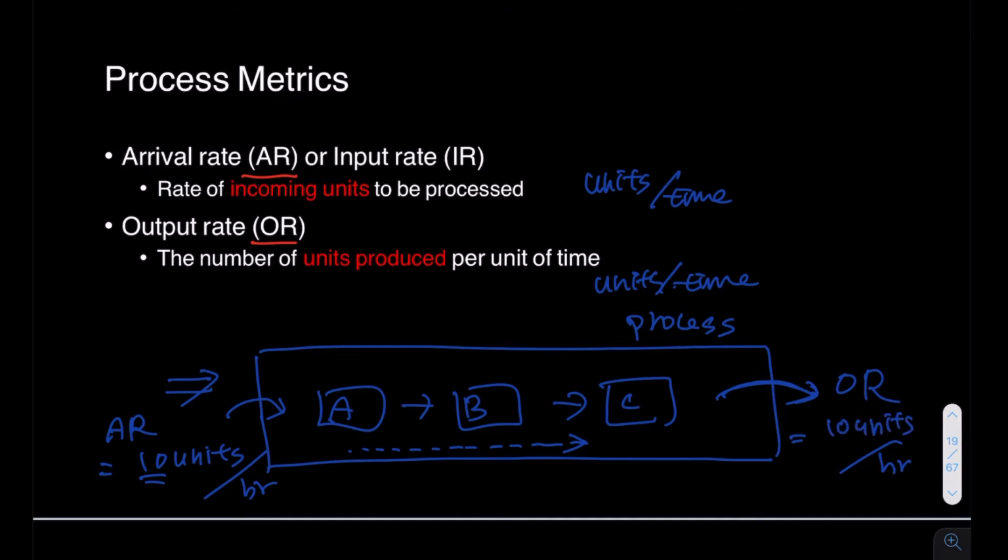Then this is output rate. So again, arrival rate and output rate: arrival rate is measured at the beginning of the process, output rate at the end of the process. Both measurements look at how many units come in and come out for a given time.